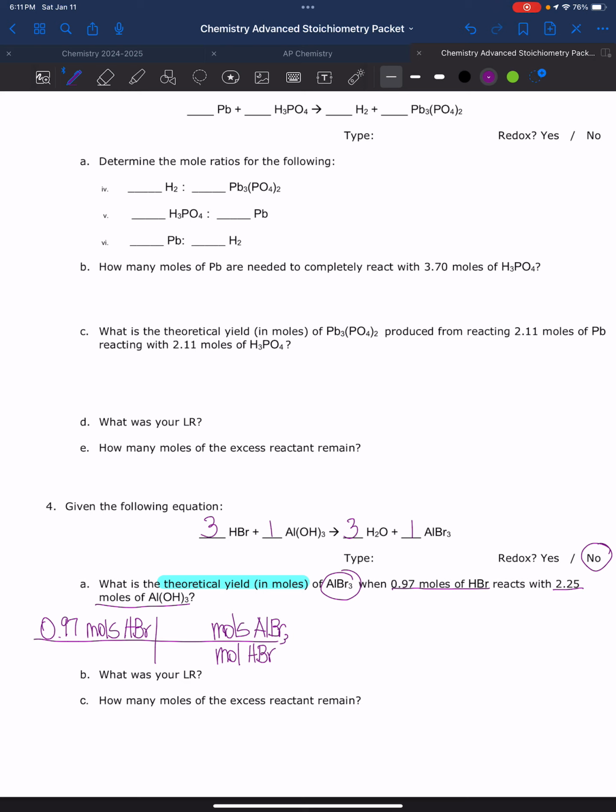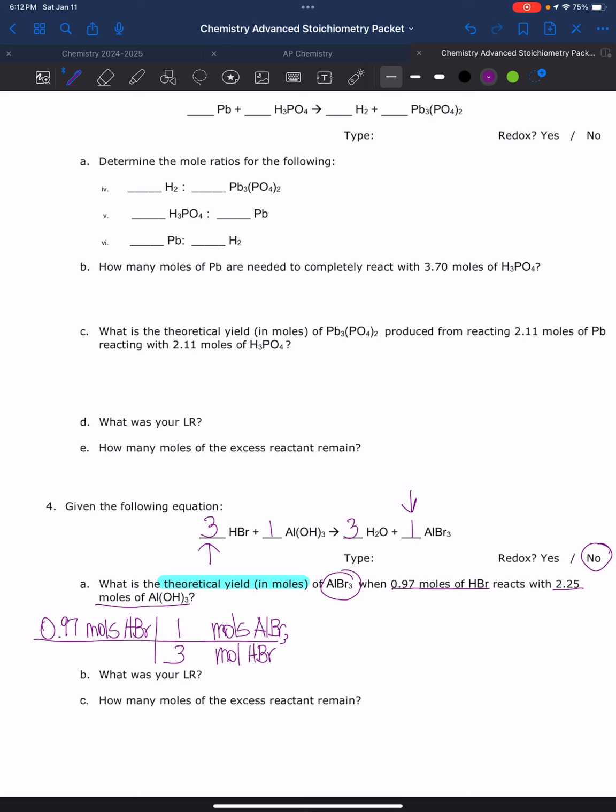Now, this is a spot that we have open, and we get those numbers from our mole ratios. So I'm going to look back at my balanced reaction, and I see that the coefficient for aluminum bromide is a 1. So I put a 1 in right there. And then I see that the coefficient for HBr is a 3. So I put a 3 here.